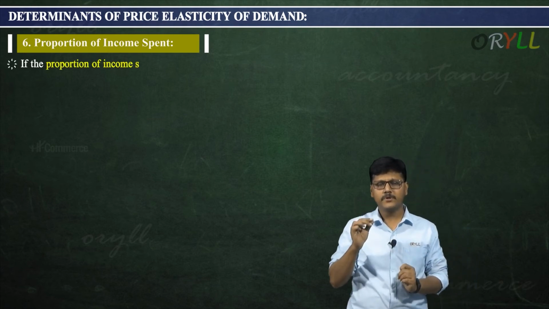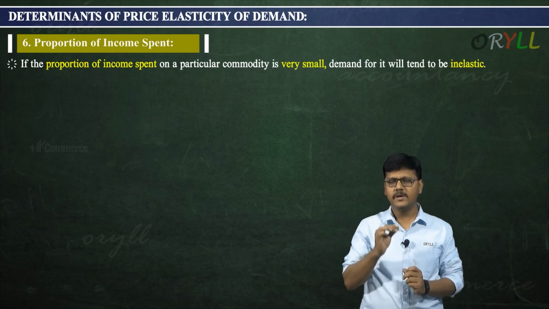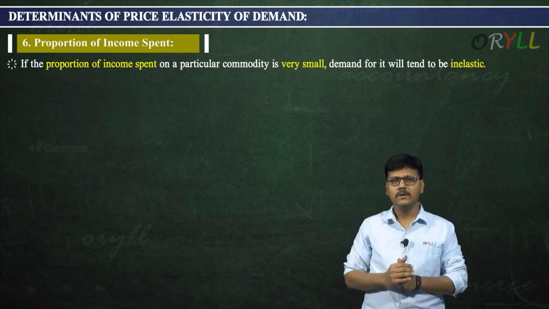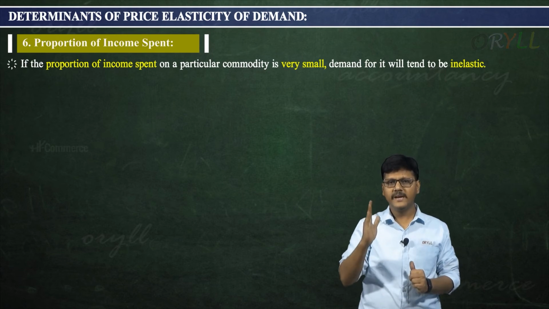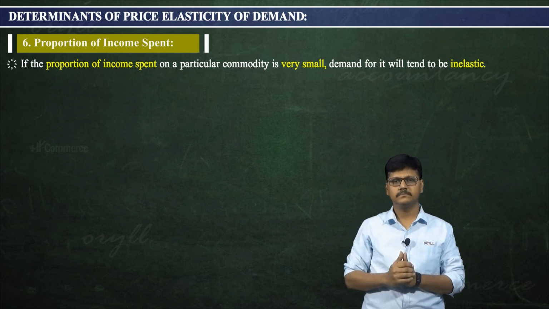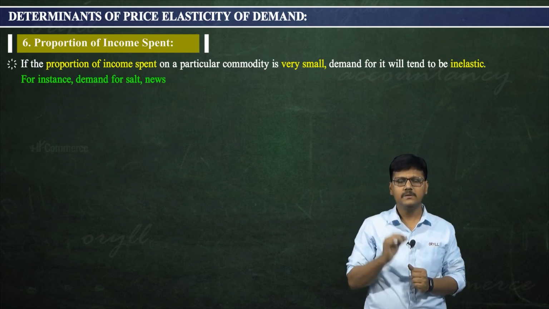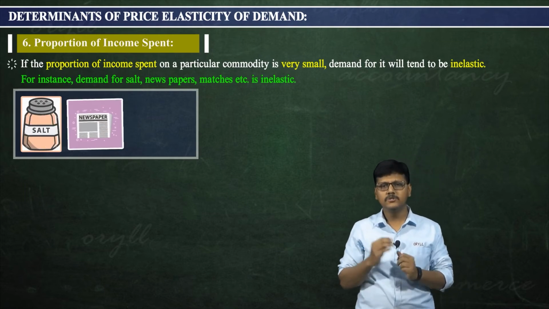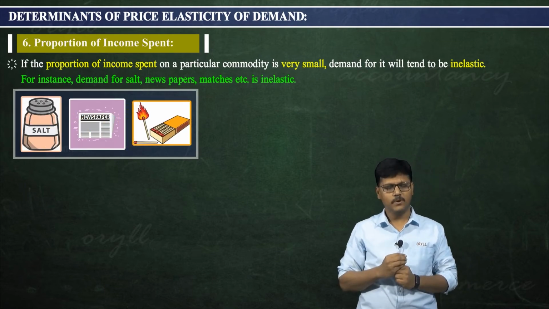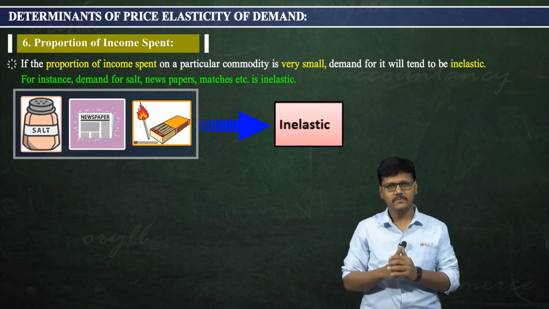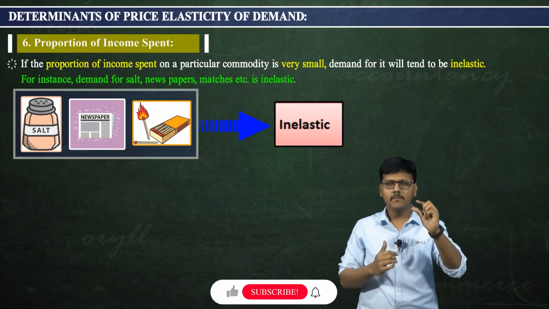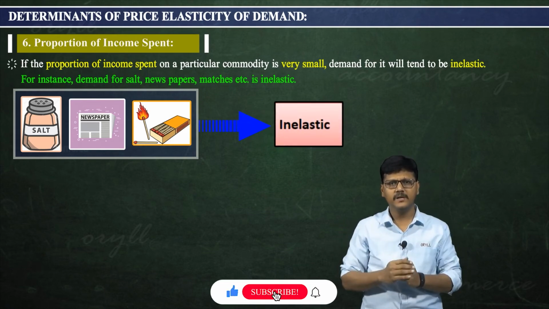If the proportion of income spent on a particular commodity is very small, demand for it will tend to be inelastic. For instance, demand for salt, newspaper, or match boxes remains the same, because the amount we spend on these commodities is very little.